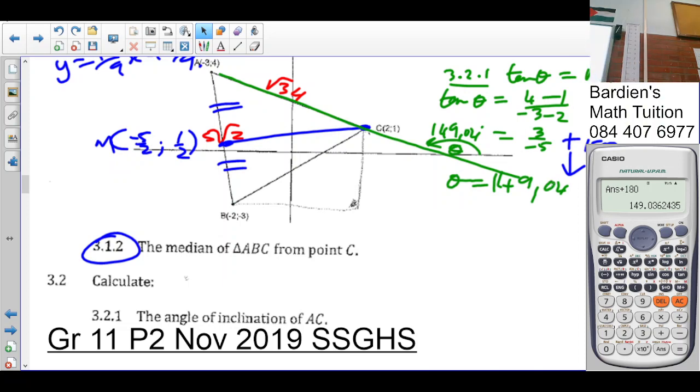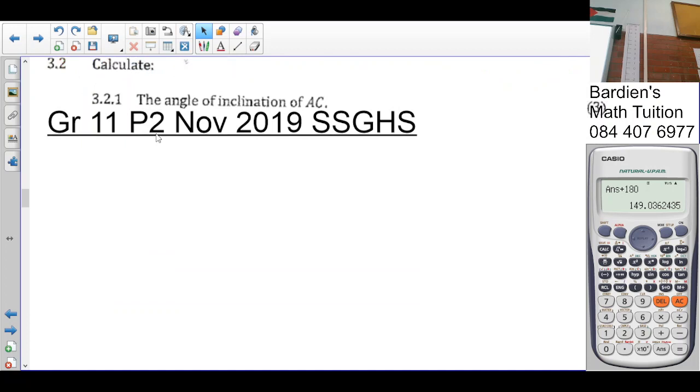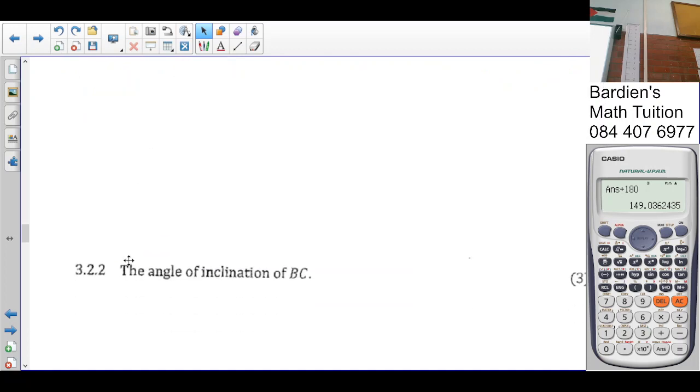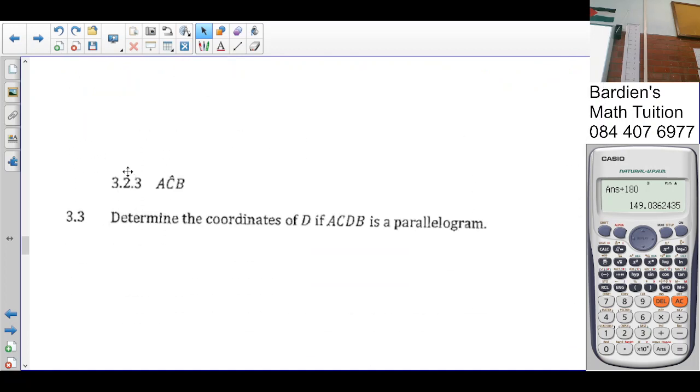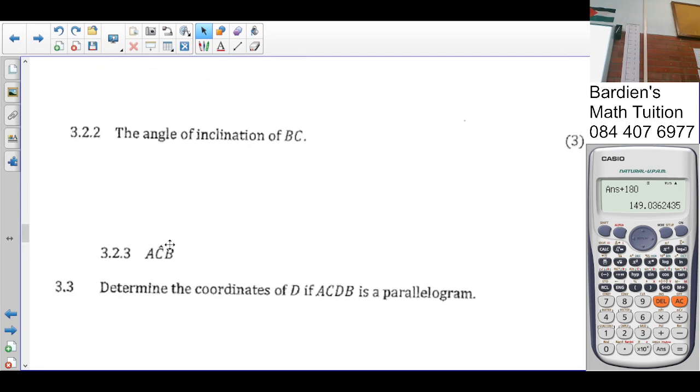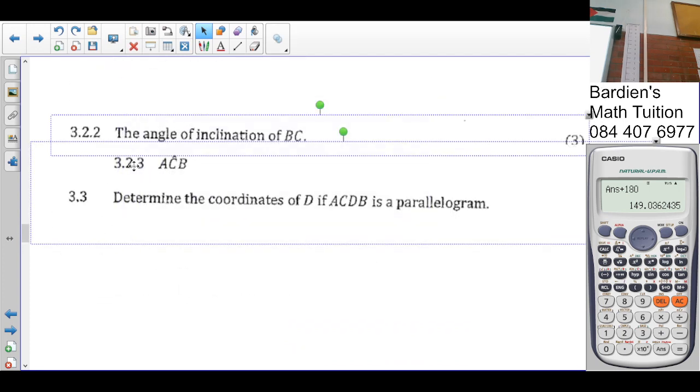Then the next question says, the angle of inclination of BC.